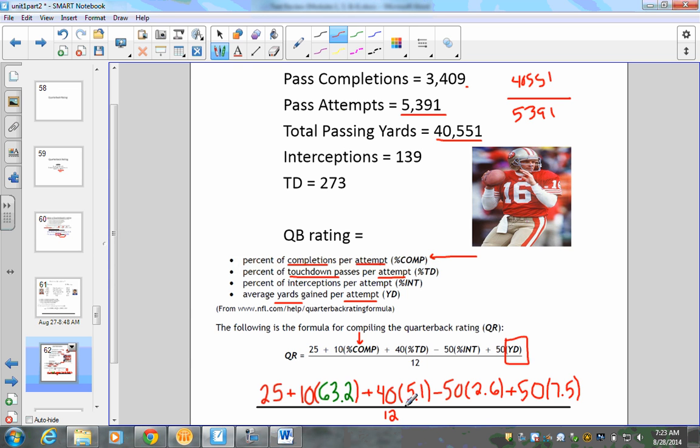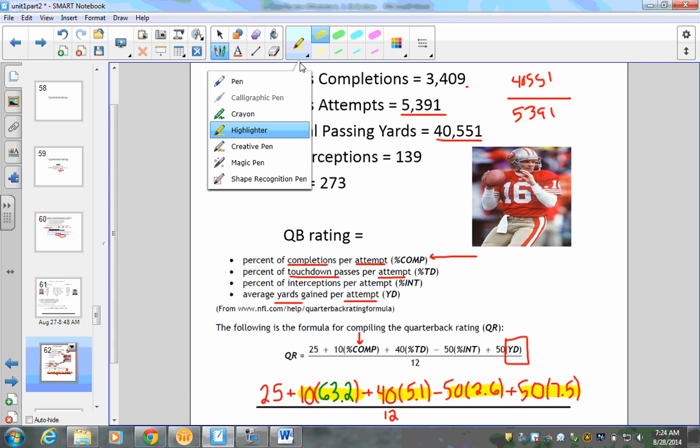All right, so here's your formula. All you're doing is taking care of everything in the numerator. Now remember, order of operations states that you have to multiply before you can add or subtract. So you're going to multiply these two numbers, these two numbers, and these two numbers, and then add or subtract. Let's do that real quick.